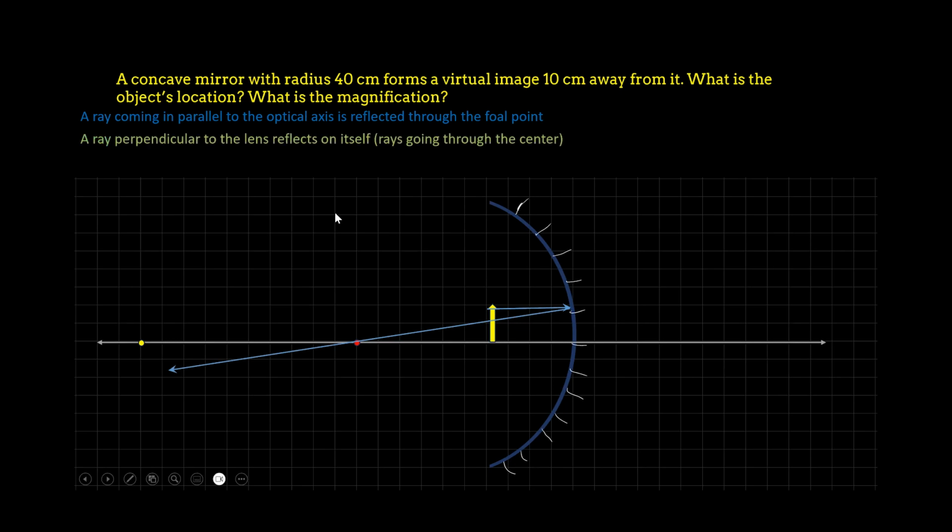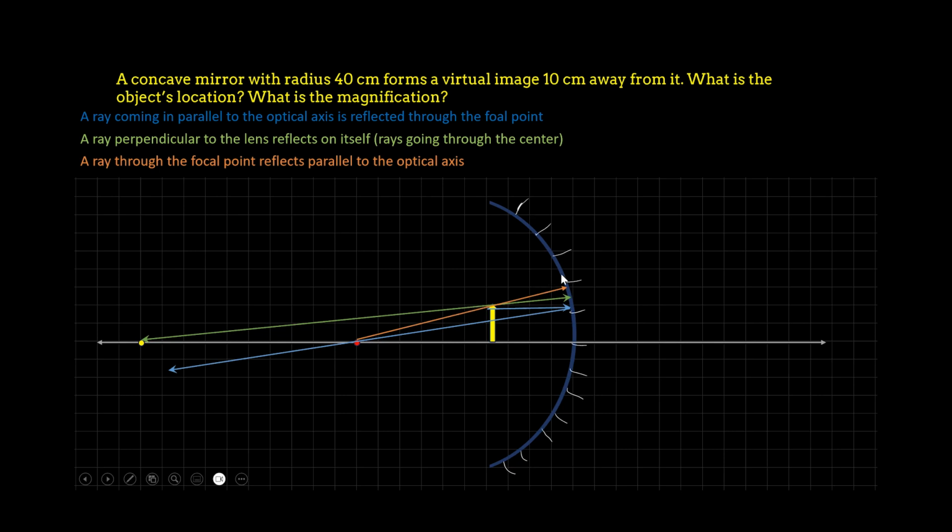The other ray is green, through the center, bounces back on itself. And one ray is parallel, goes through the focal length as if it's coming from the focal length, comes out parallel. They don't meet over here, but if I trace them back, they meet over there.